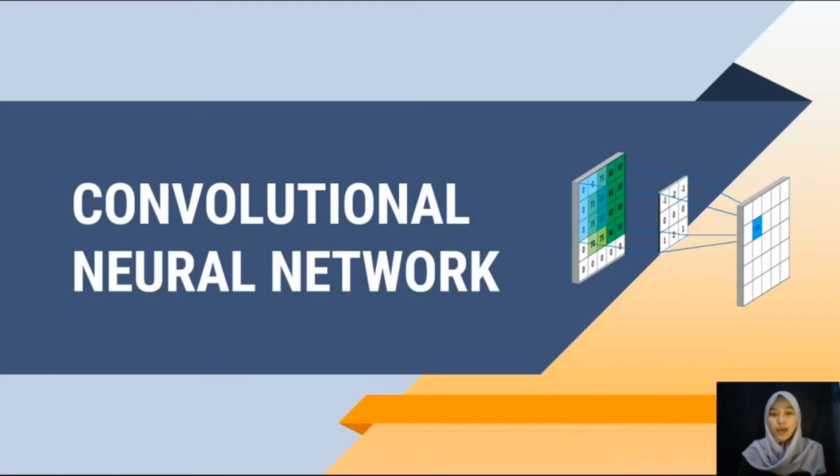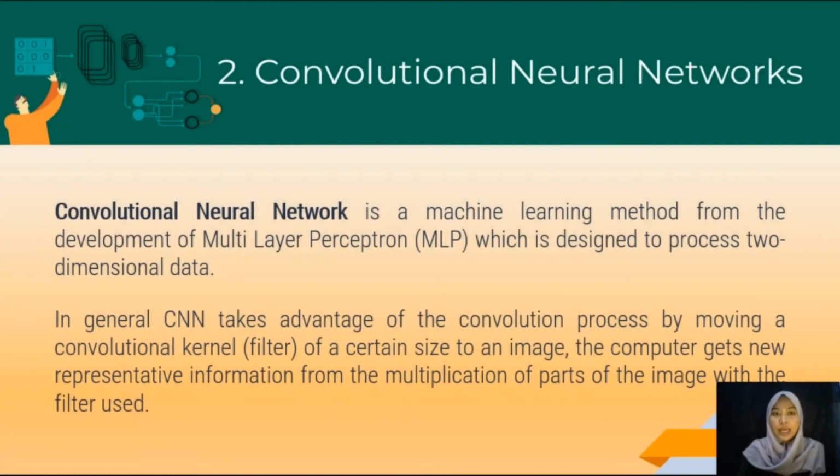The next part I want to explain about convolutional neural network or CNN. Convolutional neural network or CNN is a machine learning method from the development of multi-layer perceptron or MLP, which is designed to process two-dimensional data. In general, CNN takes advantage of the convolution process by moving a convolution kernel or filter of a certain size to an image.